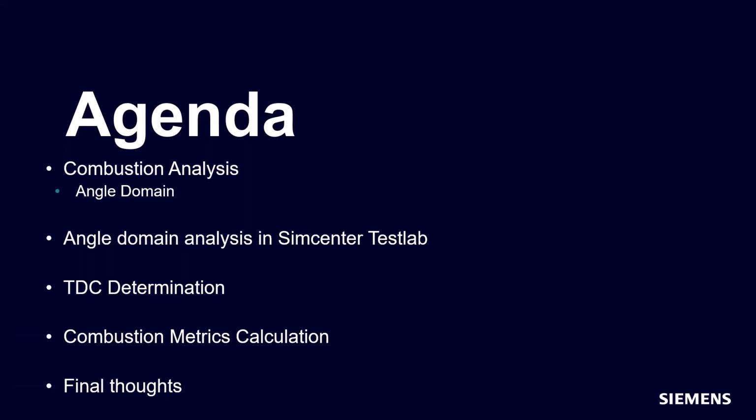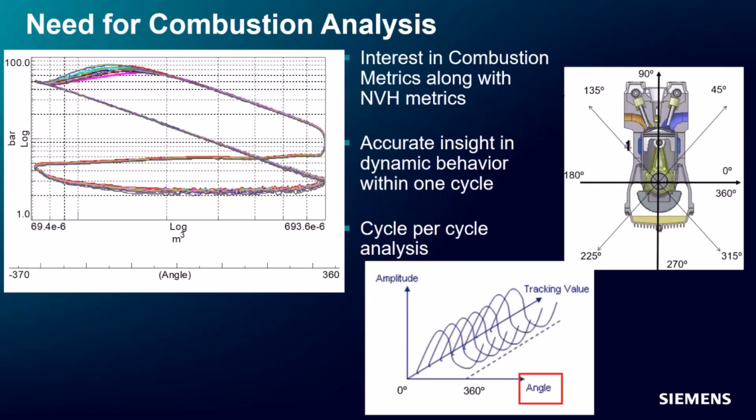And the purpose of doing combustion analysis for some of our users is not so much to be a combustion analyzer, but to maybe understand the trade-offs between noise and vibration performance versus the efficiency of an engine if they're messing around with combustion. Is that right, Raj? Yes, that's correct. So the tools in Testlab are to allow you to do this combustion noise calculation or combustion metrics calculation simultaneously with the typical NVH metrics calculation.